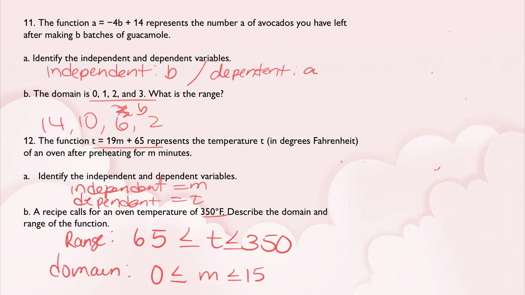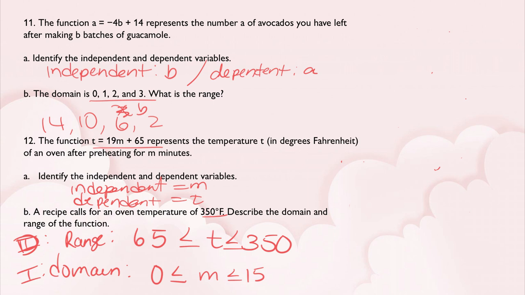So remember, our range is our dependent, and our domain is our independent. Our range is always going to depend on whatever I input. That is my domain. That's what I start off with. When you start the oven, where do you start your oven at? 0, right?